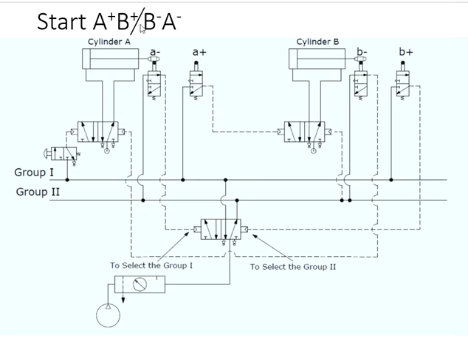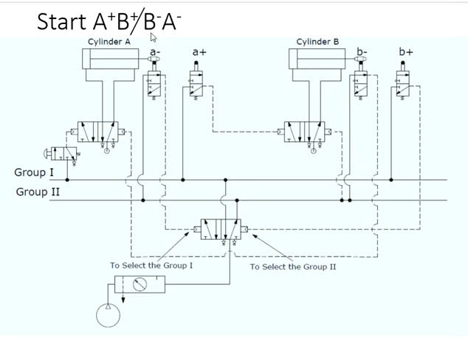Once the B plus signal is given, cylinder B extends and this roller is actuated. The output from this is connected to the group 2 valve so that the second bus line is actuated. The air in the group 1 line is deactivated.